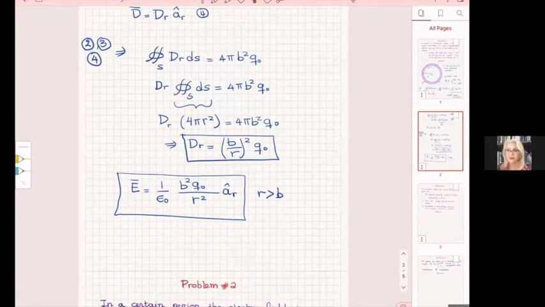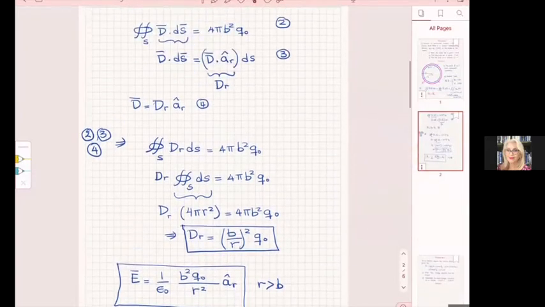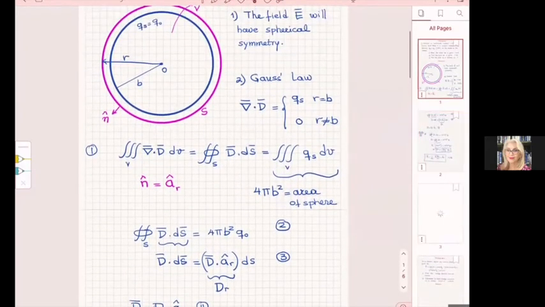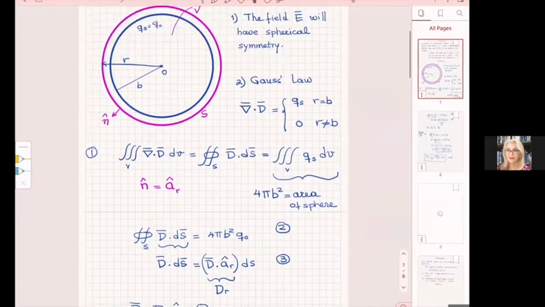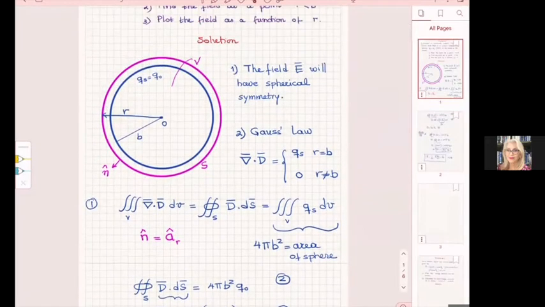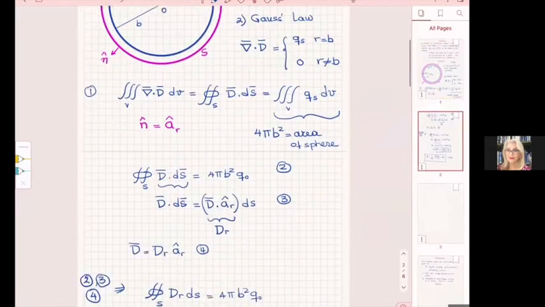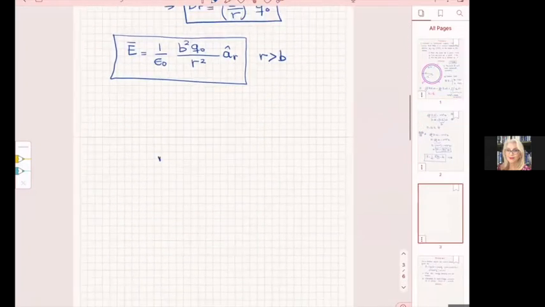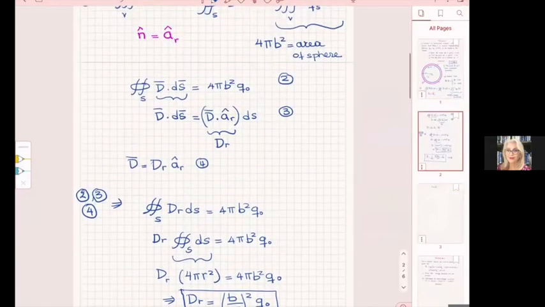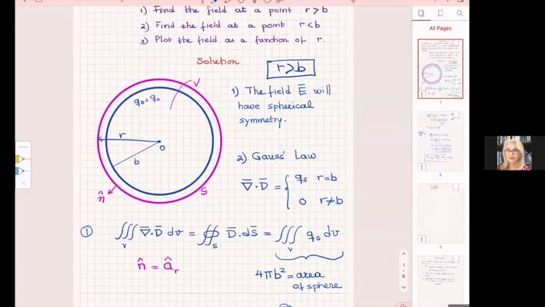So now, we'll add one more page. In this case, R was larger than B. I write it here to remember it. So now we are going to have R less than B. So here, I'm going to take the same picture.